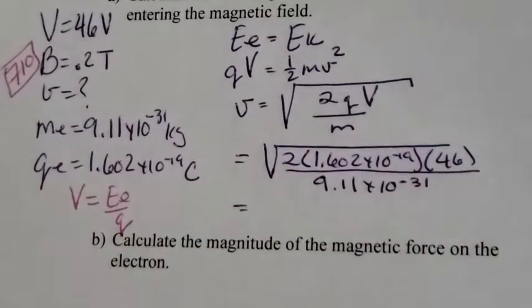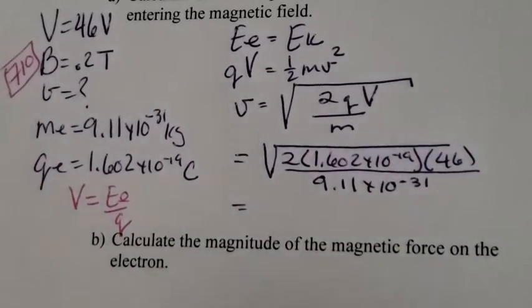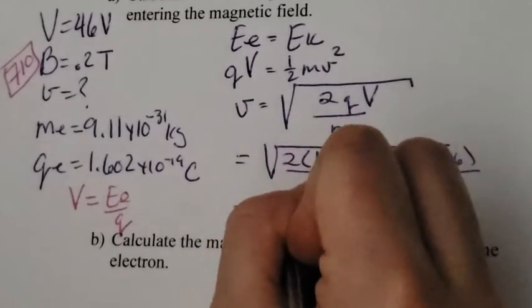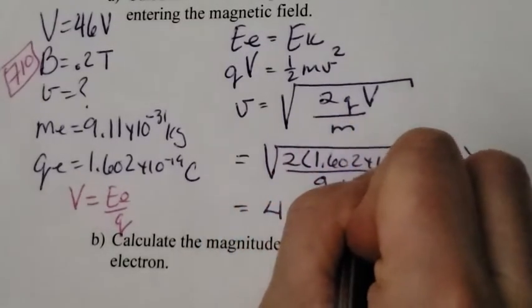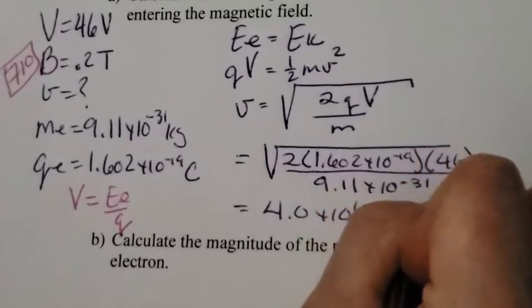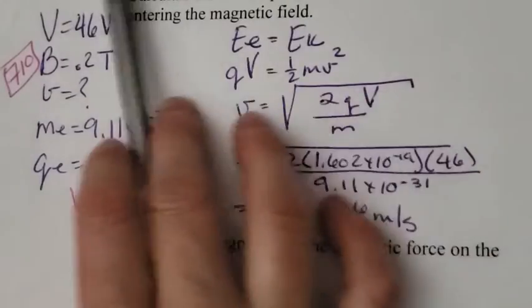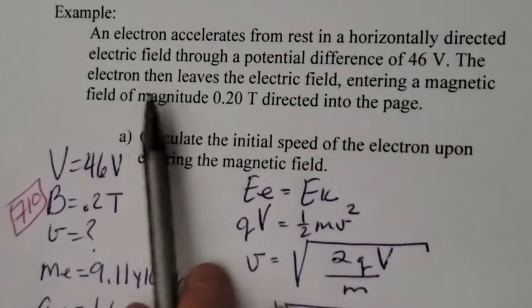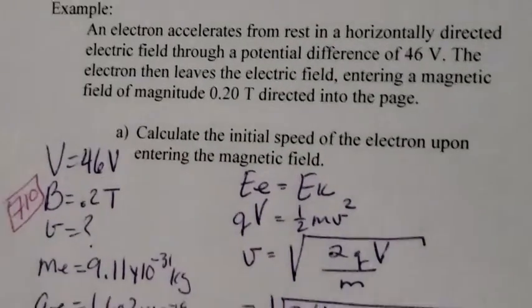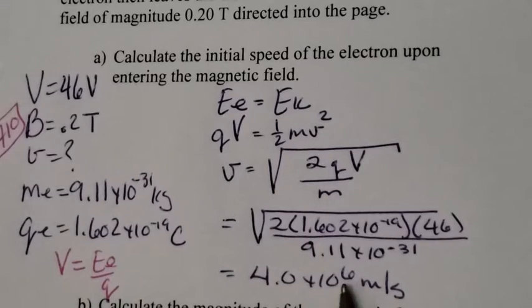When I put all that into my calculator, I end up with 4.0 times 10 to the 6 meters per second. So what's happened is my electron, which started at rest, went through this electric field, and it sped up to 4 times 10 to the 6 meters per second.